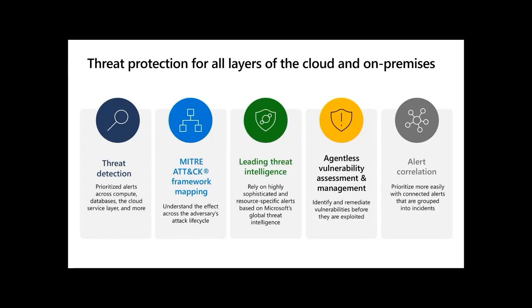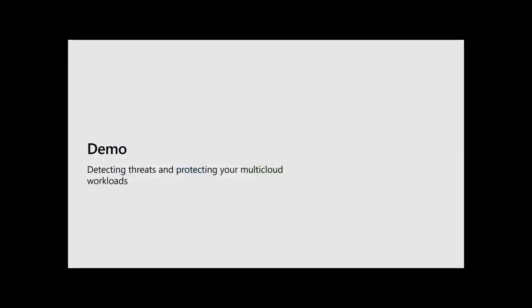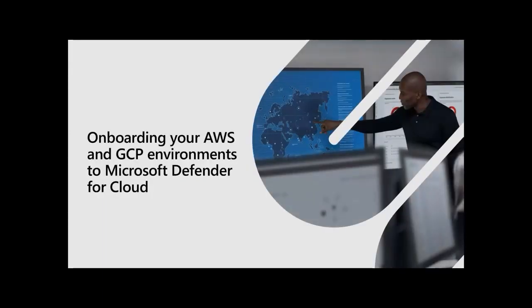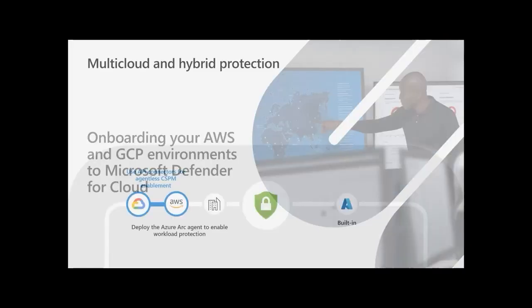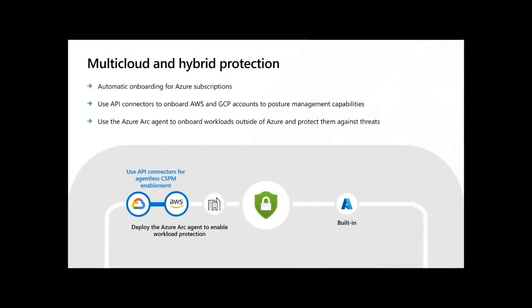Now, the way you go about enabling this capability is very much tied to the way you go about enabling the capabilities that strengthen your security posture for AWS and GCP. And for sake of time, I want to join these two together with a specific emphasis on the native GCP and AWS support.